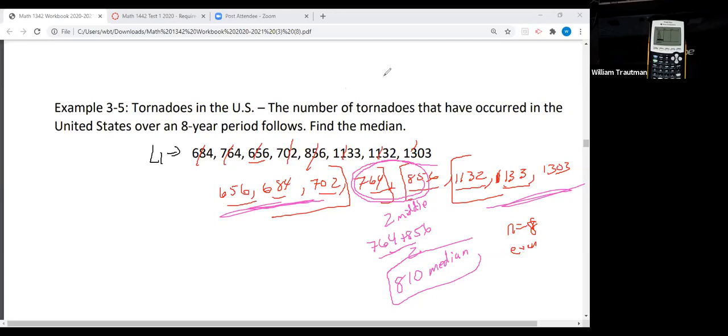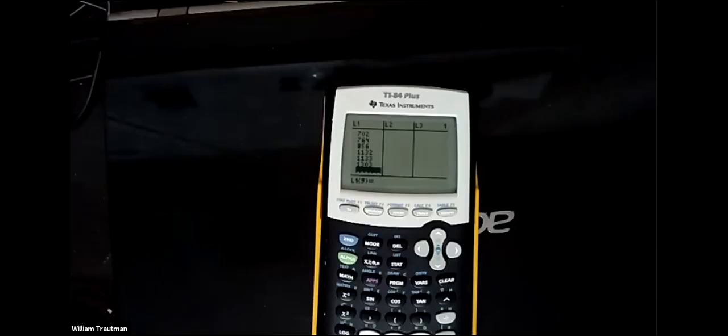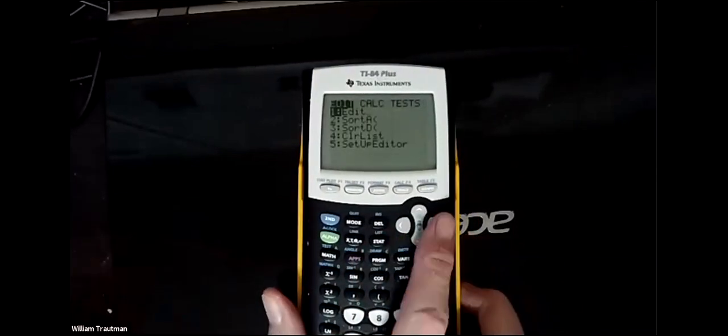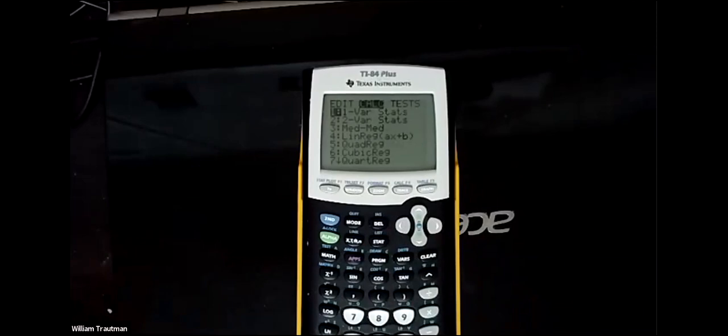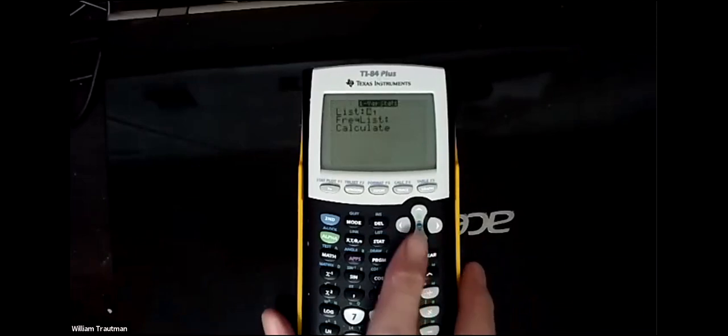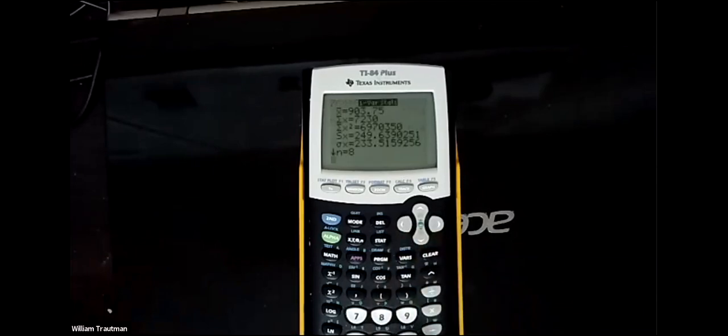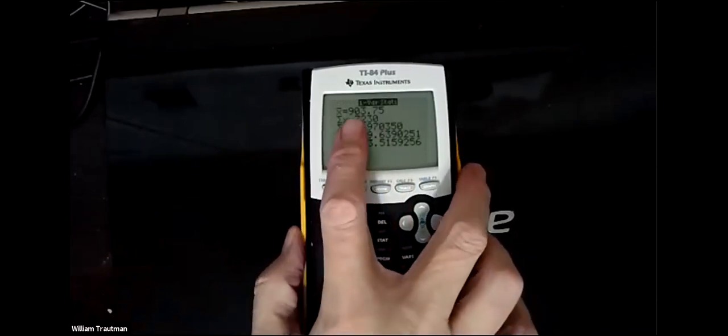Once you have your data in there, we're going to do the same steps. Stat, arrow over to calculate, number 1, var stats. I have something in list 1. Frequency list should be blank. And it tells me my average.